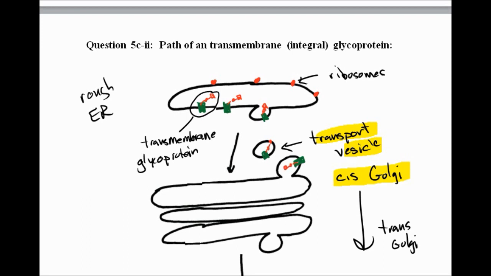Now, as this protein matures, it starts out as an immature protein. As it is taken from the cis Golgi by cisternal maturation to the trans Golgi, the carbohydrates on the protein will mature. So let's first show it as it enters.